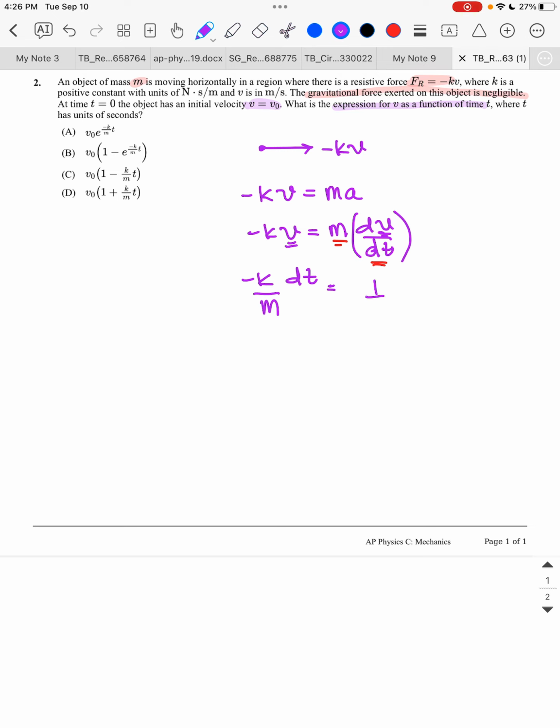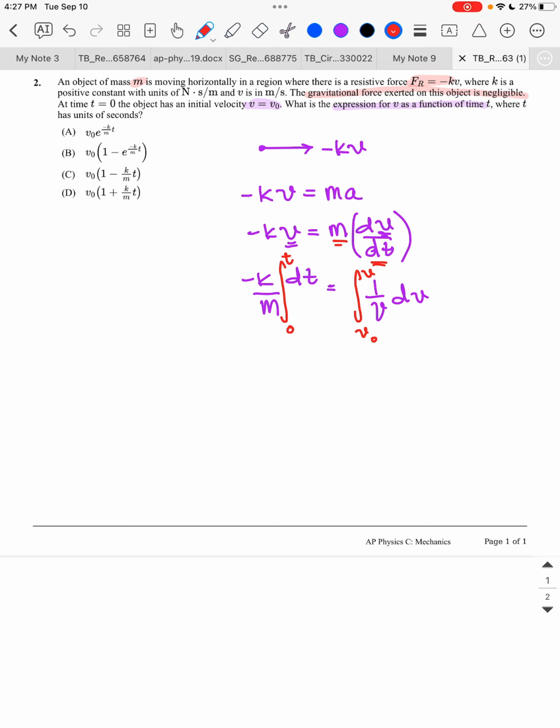And then I have 1 over v dv, and then I'm going to integrate both sides. Now that I have dt and dv on separate sides, I can integrate both sides. And for this scenario, at time equals 0, initial velocity is v naught. And at some point in time t, velocity is v. So those are our limits.